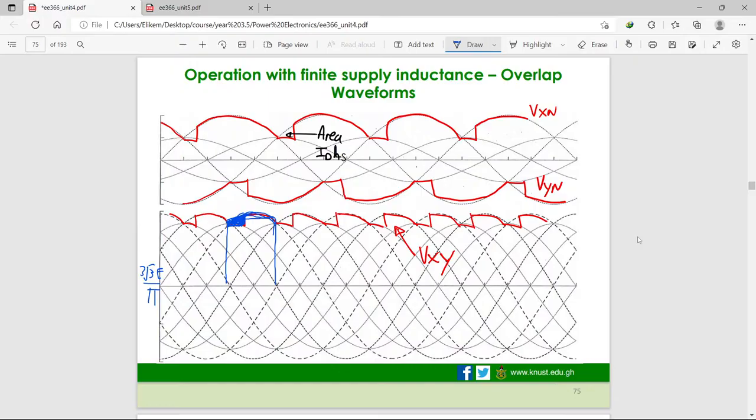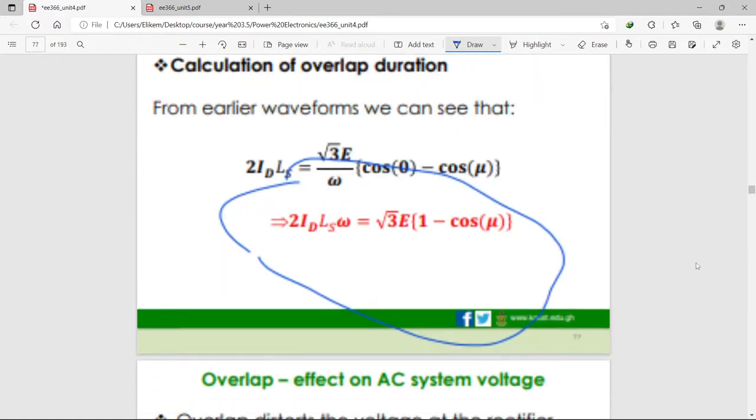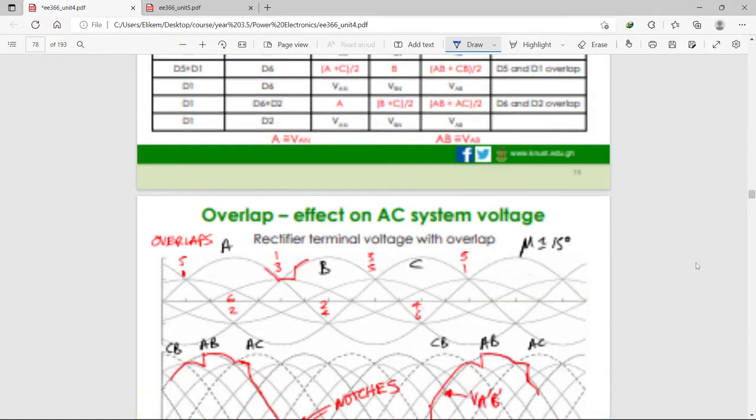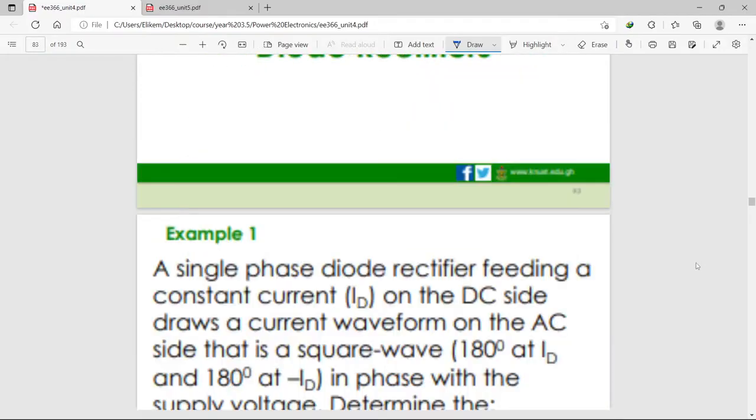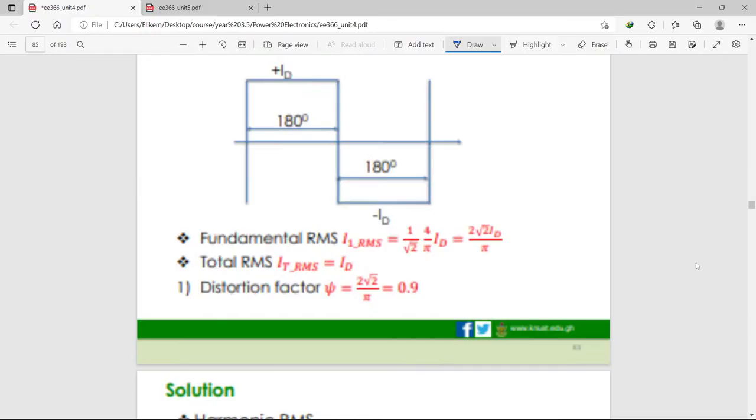Okay, so we solved. So we've done examples on the single phase ones. We've done these examples too.